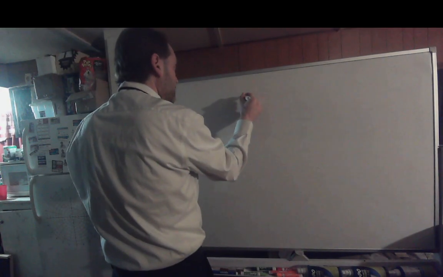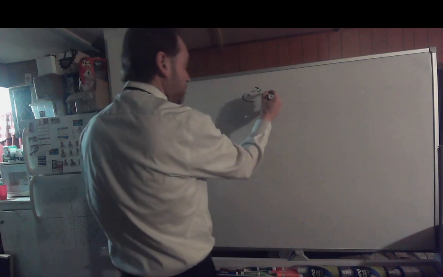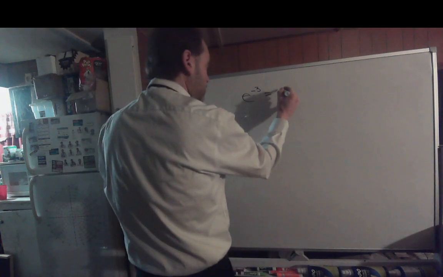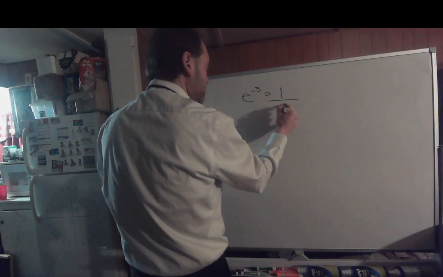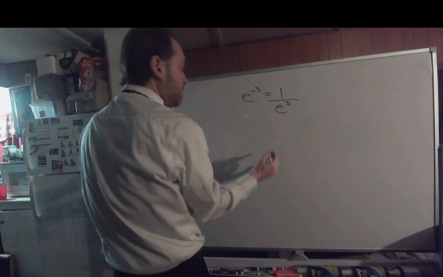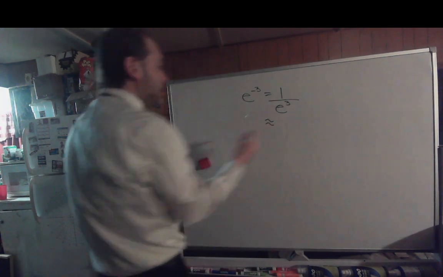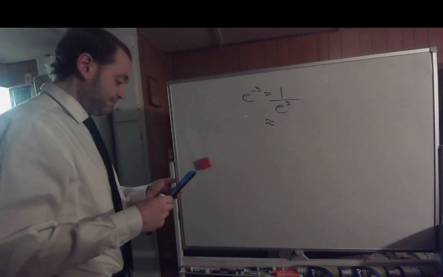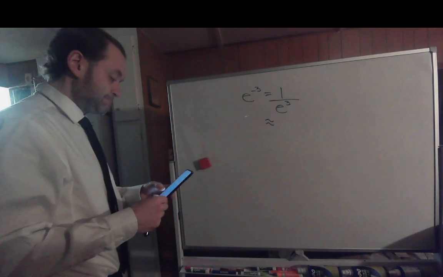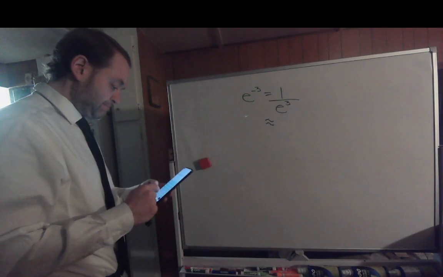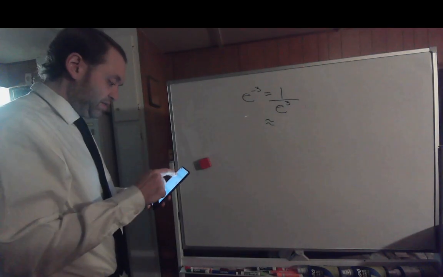And then what if I did e to the negative third? So I take e to the negative third power. Well, that's equal to, of course, 1 over e to the third power. So let's do a decimal approximation for that. 1 over e to the third. So 1 divided by that.